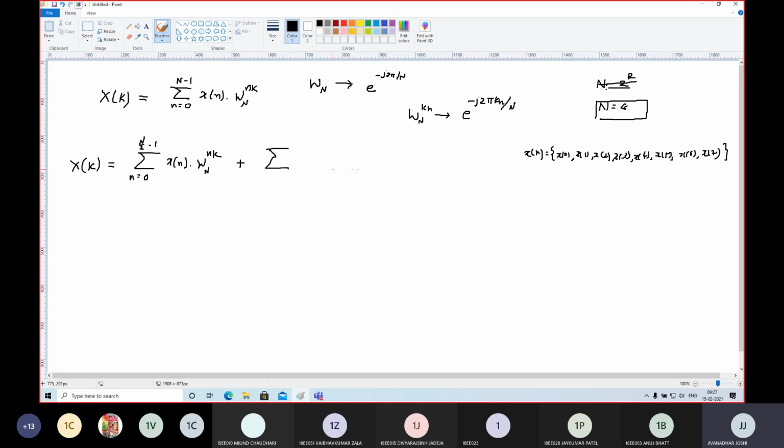But now in this case, I am going to take these 4 samples first in the first term of summation, and the remaining 4 samples in the later term, right? So what should I write down here?